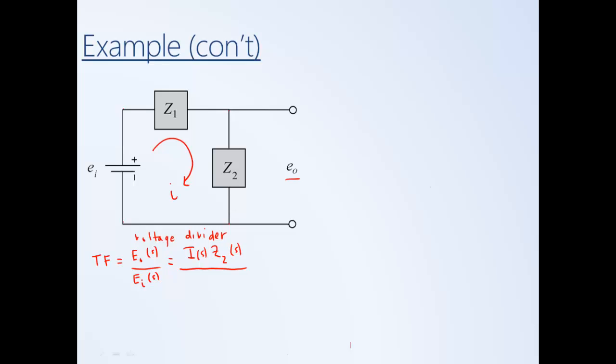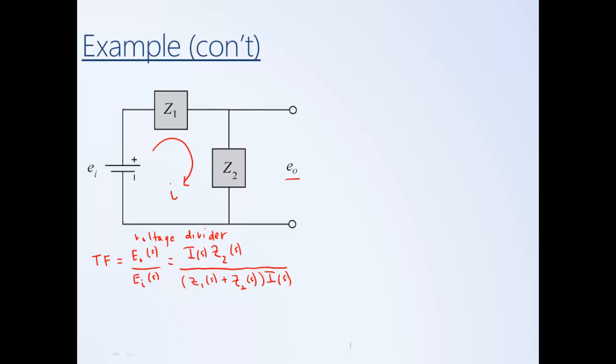Another shortcut is to think of Z1 and Z2 as being in series with one another. Therefore, the voltage EI is equal to the impedances summed together, because that's how you combine impedances in series, multiplying the current, which is also I, which is the same as the current through the output.